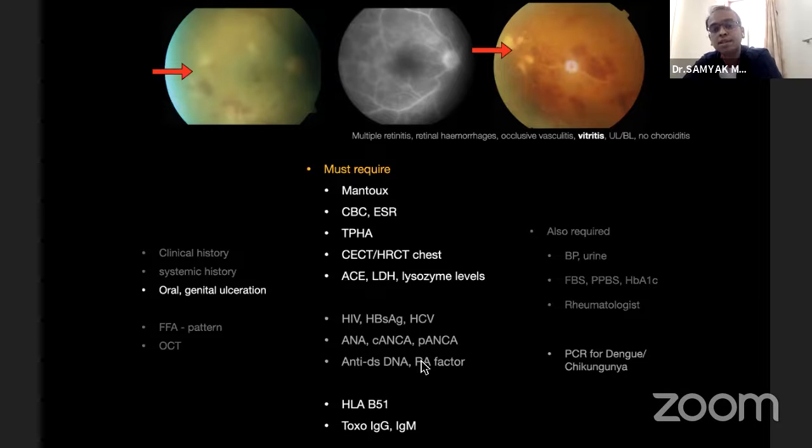If there has been a history of fever before the presentation of ocular symptoms, then PCR for dengue or chikungunya has also been emphasized in literature. Very atypical cases of toxoplasmosis have been seen to present with vascular occlusion and vasculitis, so they also have to be kept in mind.